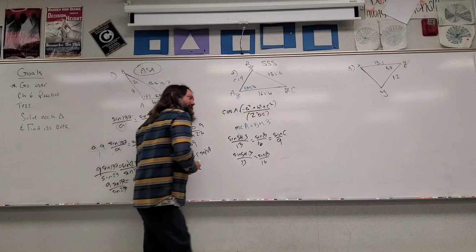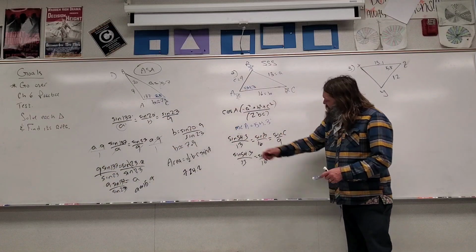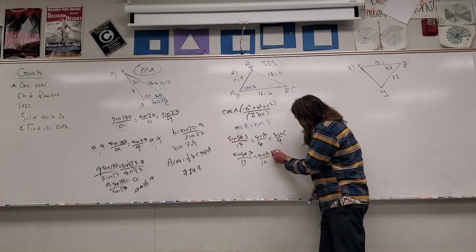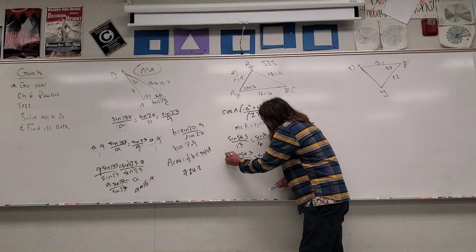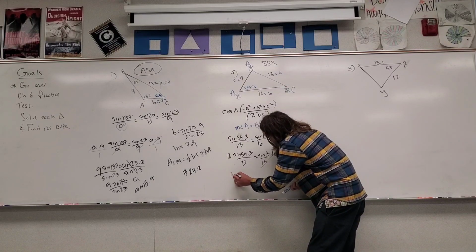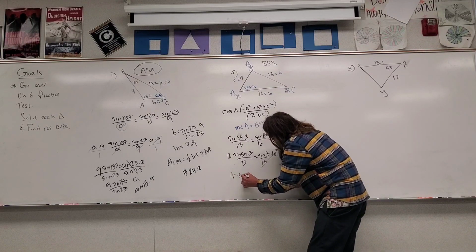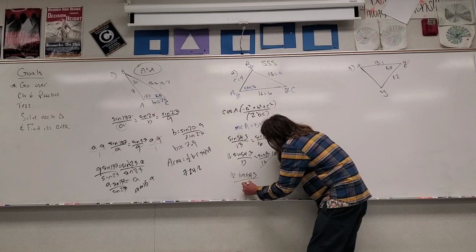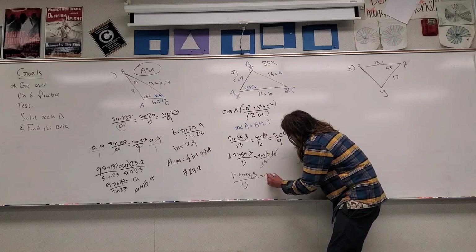On this one, my unknown's in the numerator, so I just need to move away that denominator. So I'm going to multiply both sides by 16. Those cancel, and 16 times the sine of 54.3 divided by 13, that's equal to my sine of B.